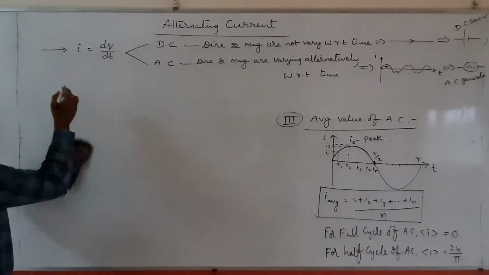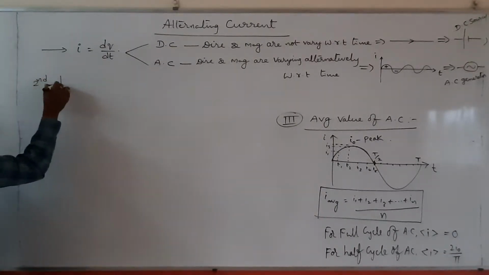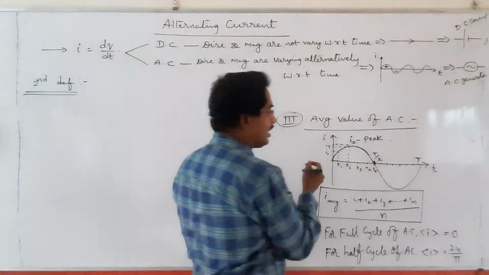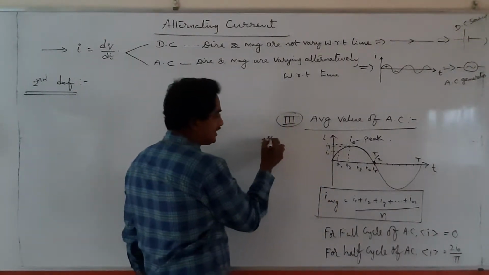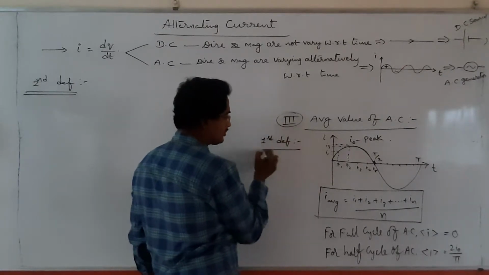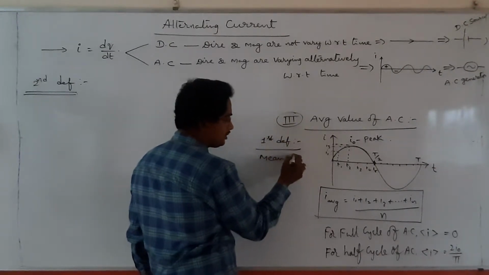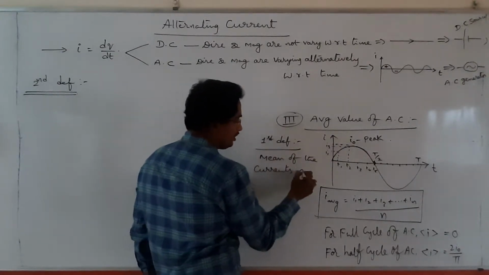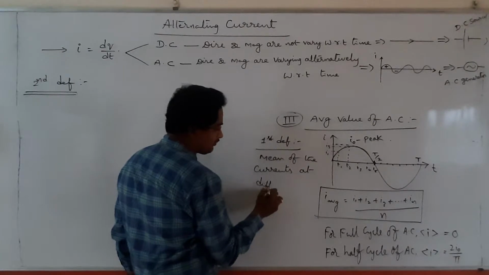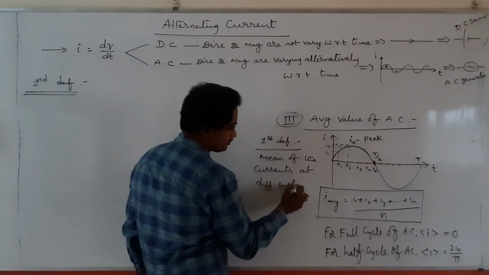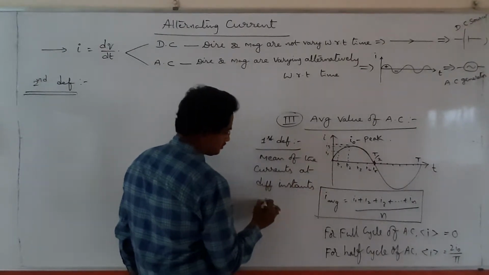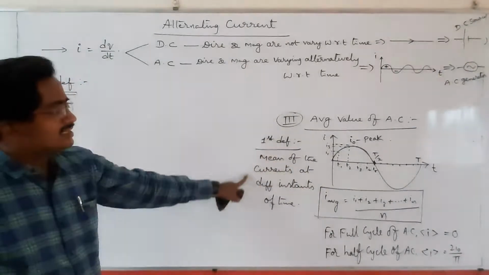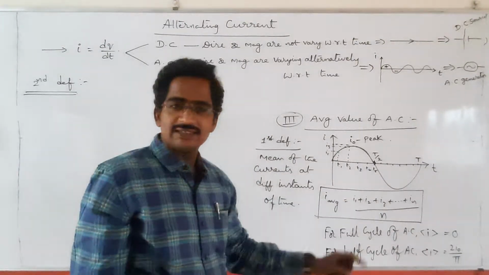The first definition that I told you is the mean of the currents at different instants of time. That is the first and simple definition for average current.